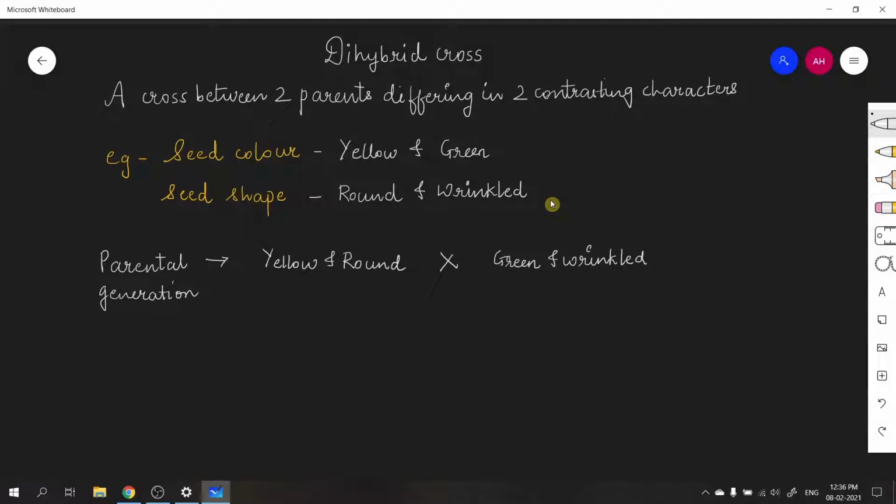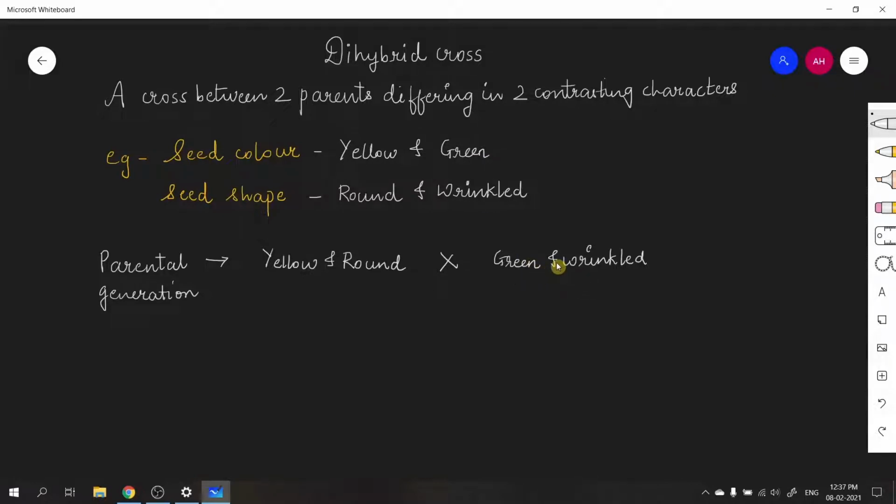Alright. So what we have done is simply considered one parent to have completely dominant traits for both the characters. Like I said, yellow is the dominant trait for seed color, round is the dominant trait for seed shape. So we have considered both the traits in one parent, and the other parent will have green as a seed color and wrinkled as the seed shape. Both of them are recessive.